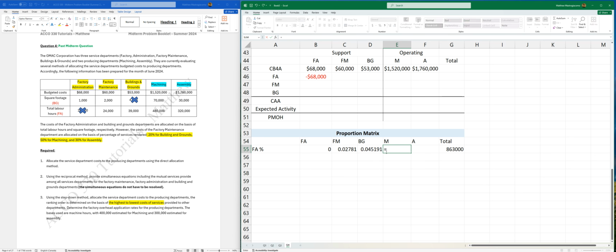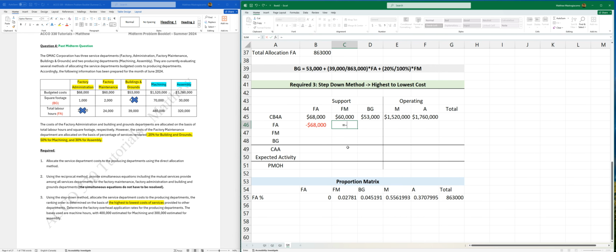Then we have 480,000 divided by the total. Then we have 320,000 divided by the total. There we go. Okay, so now we do equals minus this times this, equals minus this times this.